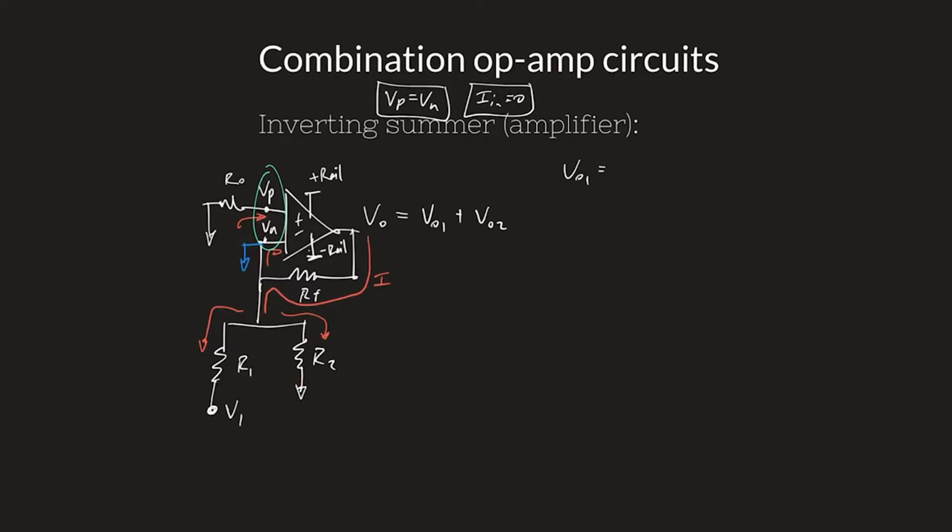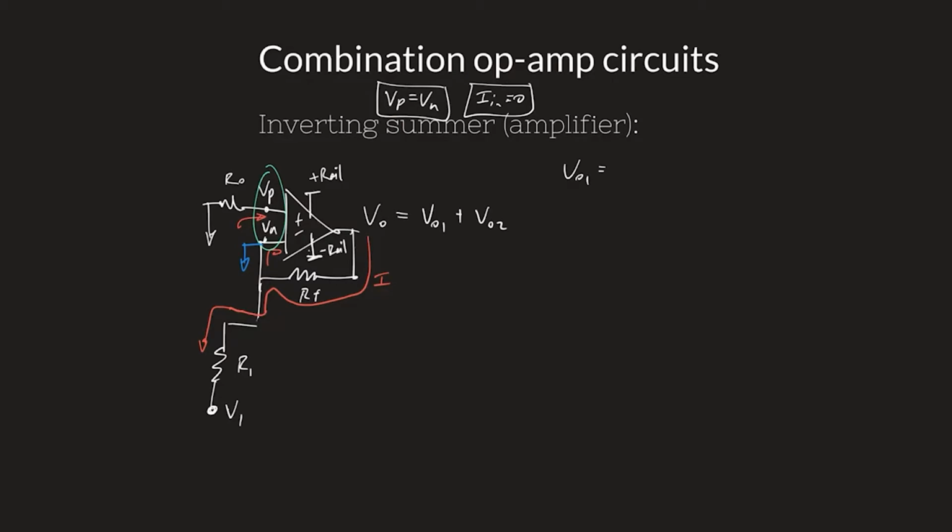So this current is 0, which means we can just ignore this entire side. We can ignore the entire branch right there. Then this current just goes all the way through.